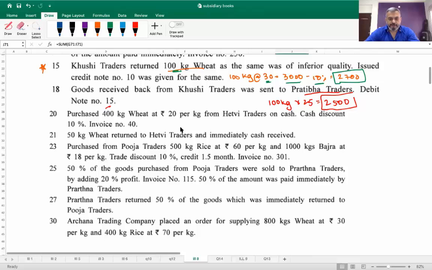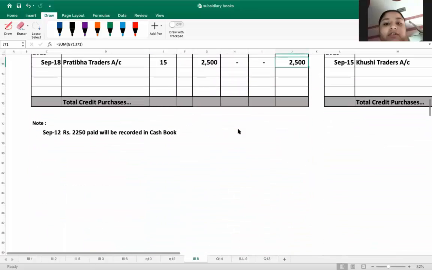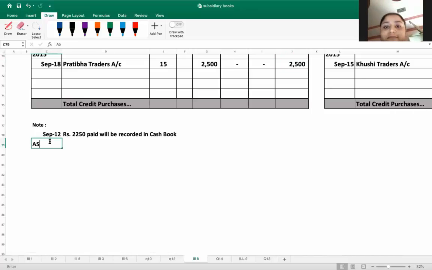20th, purchase 400 kg wheat at 20 per kg from Hetvi Traders on cash. Cash discount 10%, invoice number 40. It's on cash, so it's a cash transaction, right? Cash book, September 20.